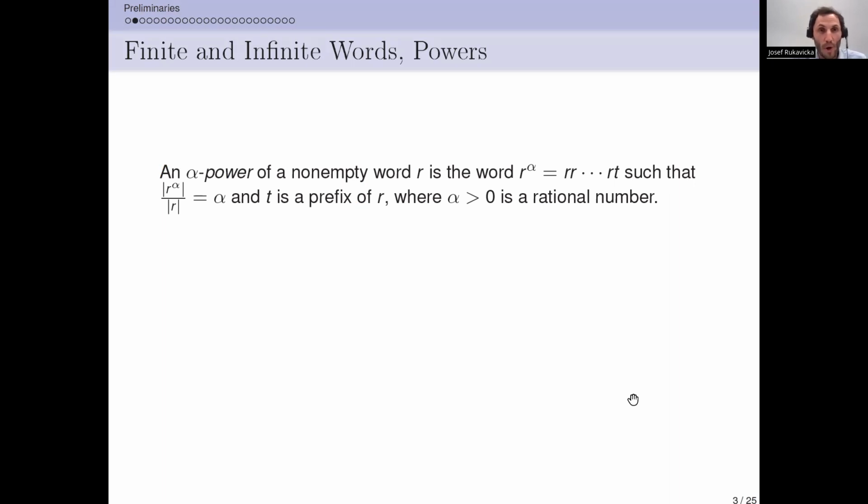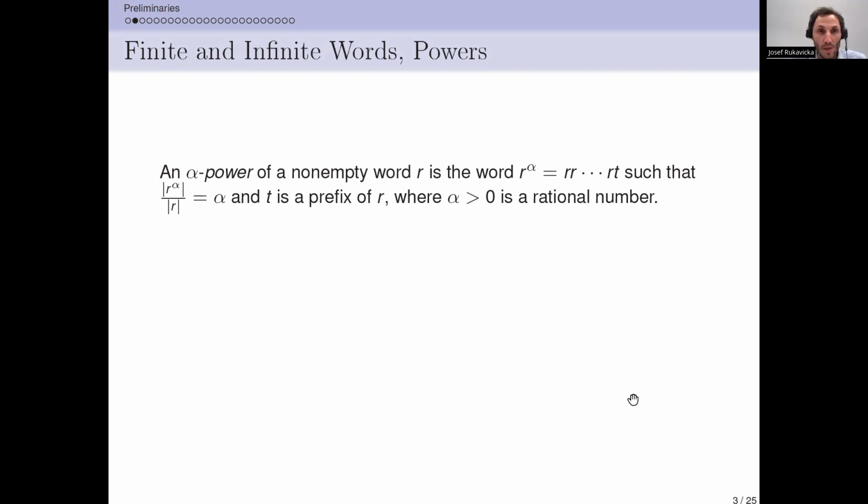It's the alpha power of a non-empty finite word. Basically, it's a repetition of the non-empty word R several times, depending on the alpha. And also, at the end of the repetitions, there is a prefix of the word R. The alpha is not, in general, an integer.